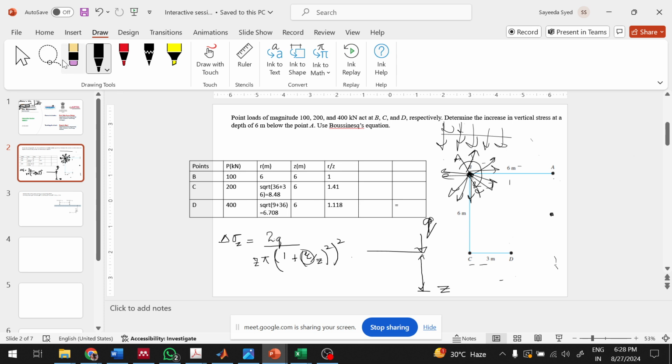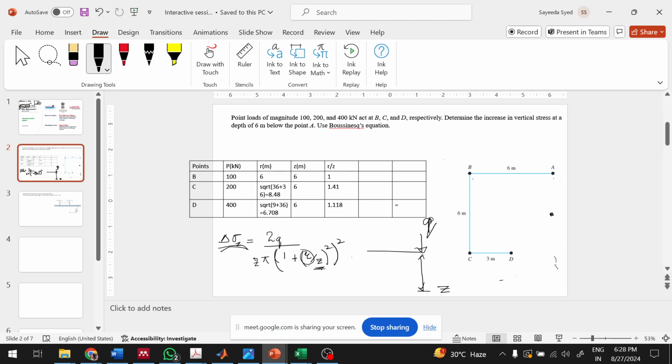But since it's a point load, we have all the directions to take. So we take r, which is the radial distance.